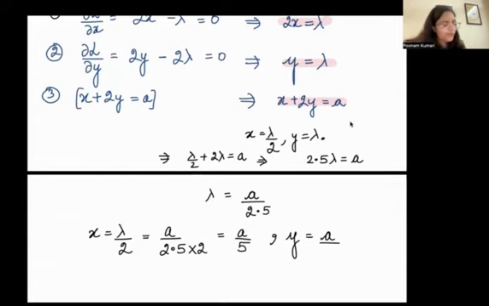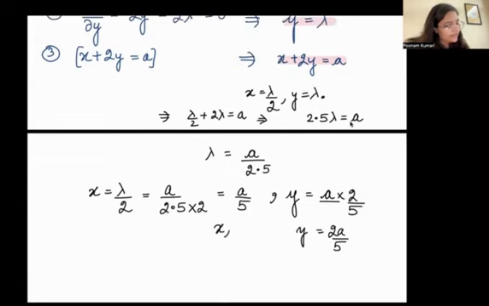If you have to write 2.5 in a nice manner, you can do it as 25 over 10, so that will be 2 by 5. So what is the value of y? 2a divided by 5. What is the value of x? a divided by 5, right?